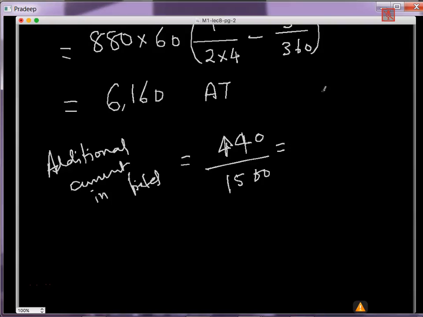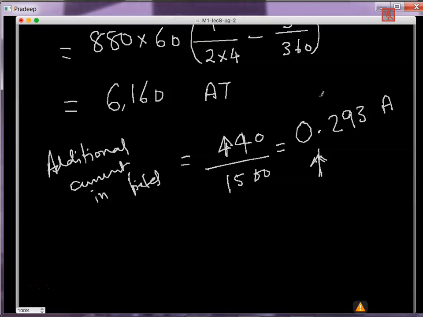Let me do the calculation. 440 divided by 1500. I'm getting 2.93 amperes. I'm sorry, 0.293 amperes.